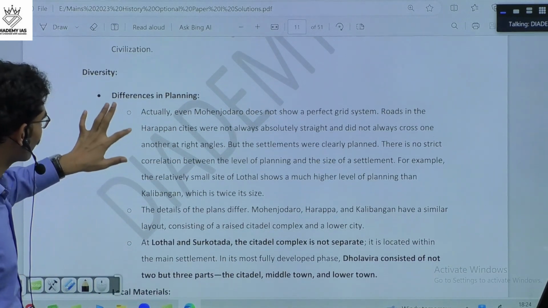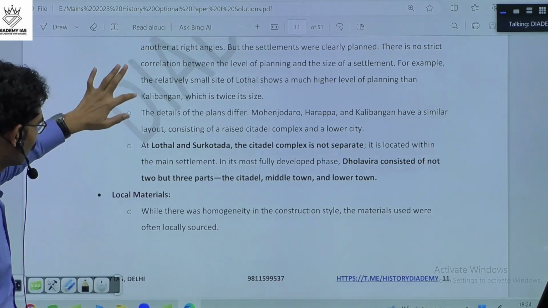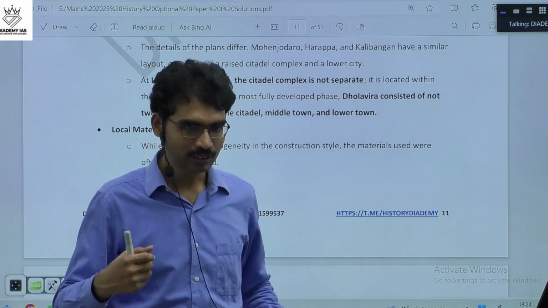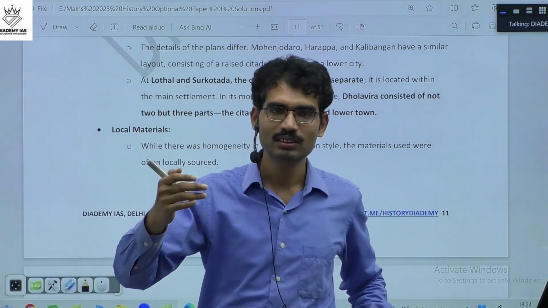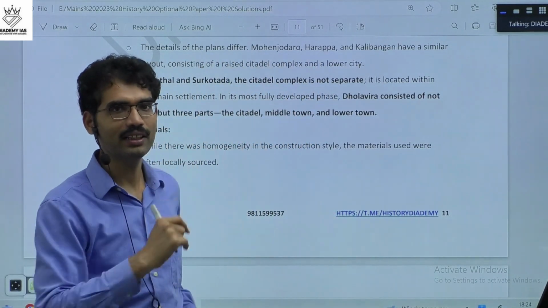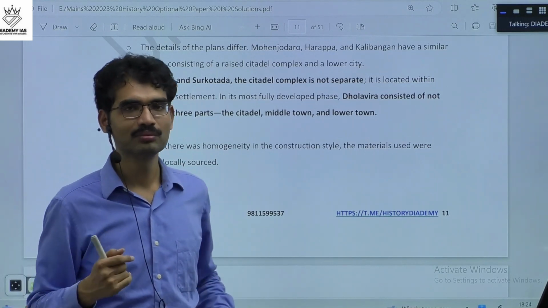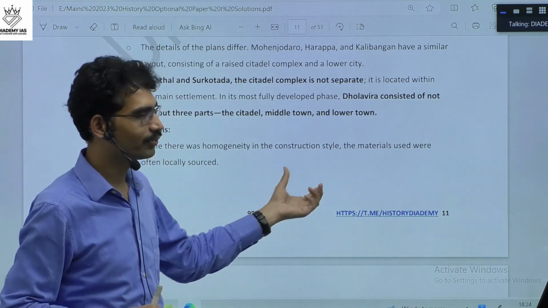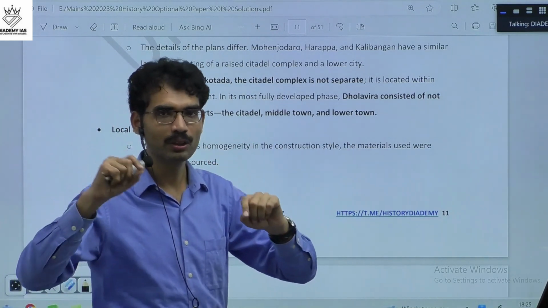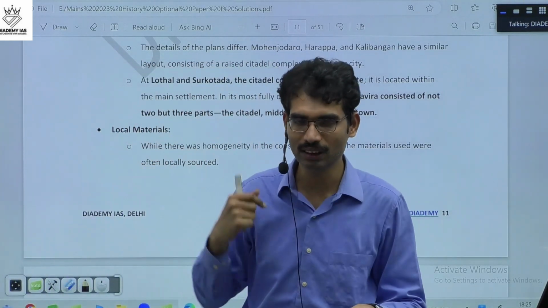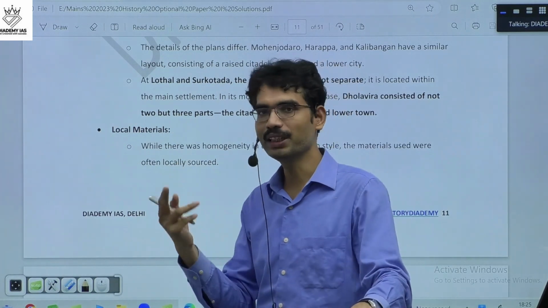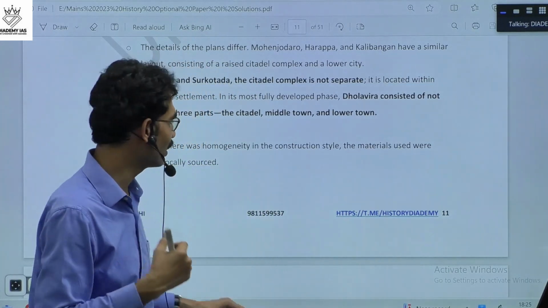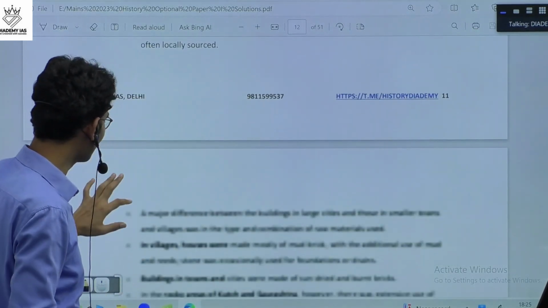Local material: in certain areas, for example in the Afghanistan area, lapis lazuli is very common. In Chanhudaro, a different type of raw material you will find. Depending on the raw material, the bead industry flourished, and these beads are different in different places according to the availability of raw material. That is one you are going to write.